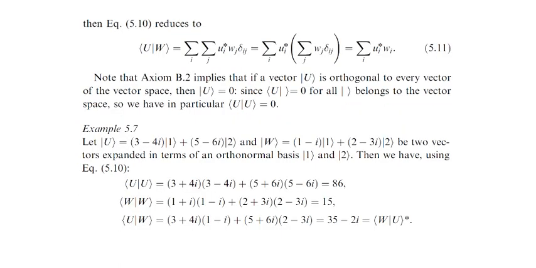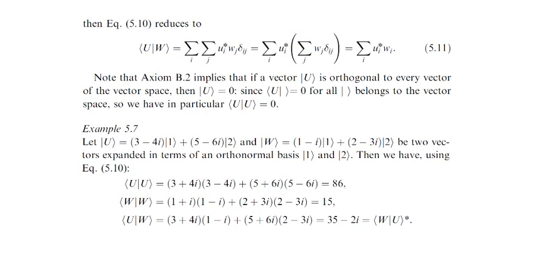So your scalar product of u with w will reduce to ui star wj delta ij, where you have plugged in delta ij instead of the inner product of unit vectors i and j. This is a specific property of the Kronecker delta function, which selects a particular value of the function associated with it.